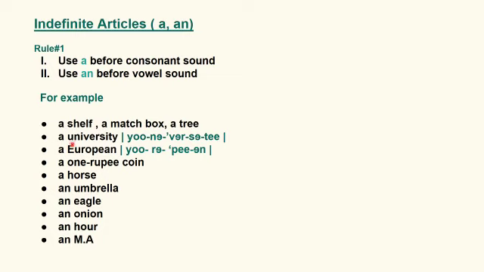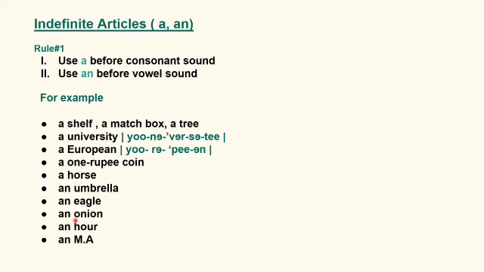And umbrella. Here in university we have got U, but we use a university. But here is also U, but we use an. Why? Because this is not yoo-mbrella, this is um-brella, a vowel sound, so we use an umbrella. Then an eagle, E sound.